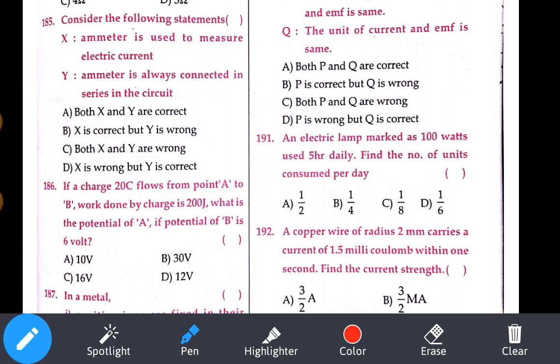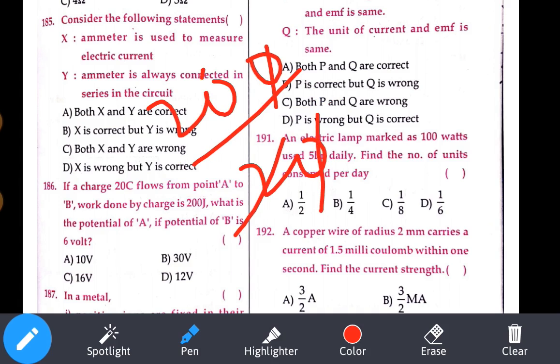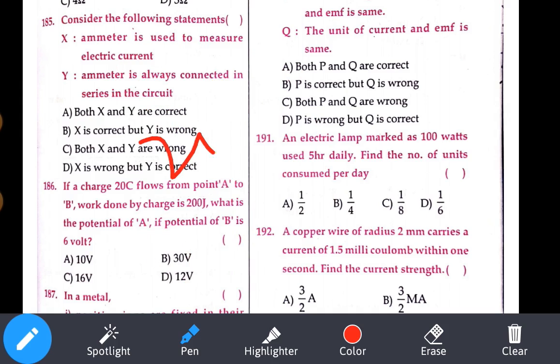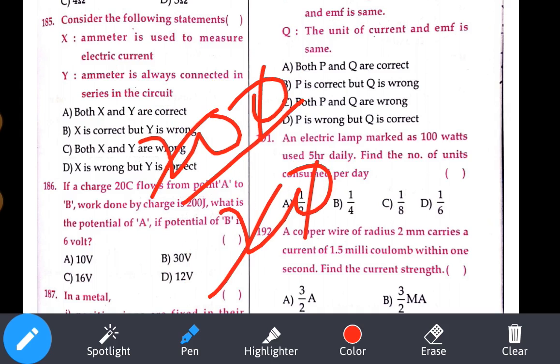If a charge of 20 coulomb flows from point A to point B, the work done is 200 joules. What is the potential at A, if the potential at B is 6 volt? Potential difference V is W by Q. The W value they have given is 200, the Q value is 20. The 0 gets cancelled, 2 tens are 10, not 40.